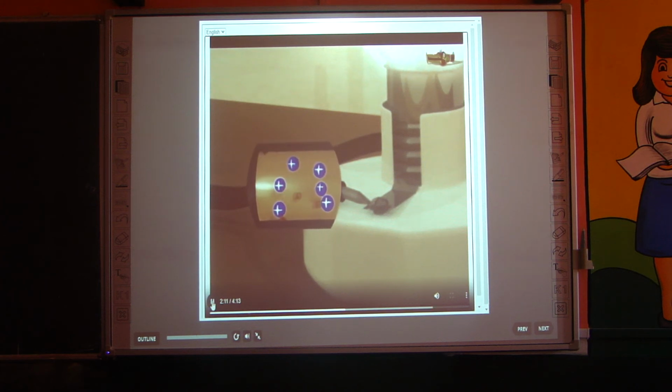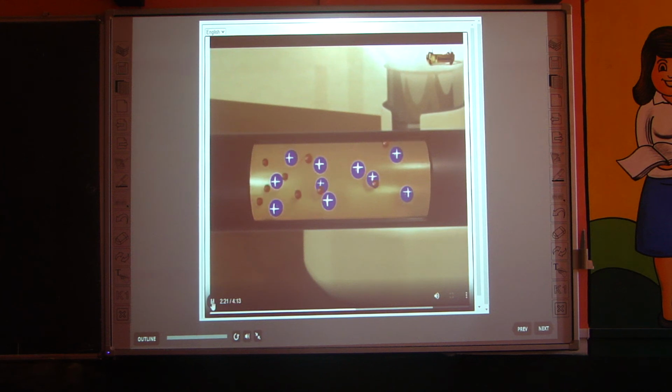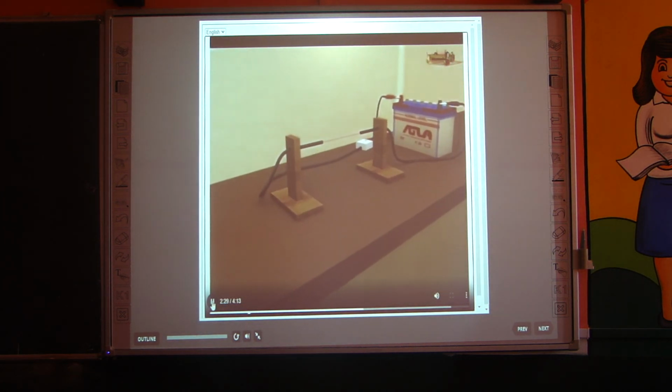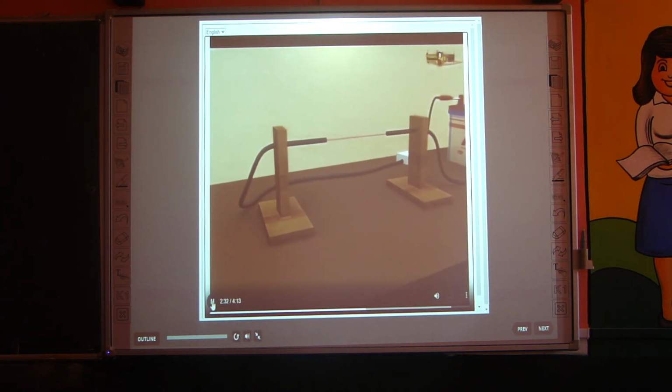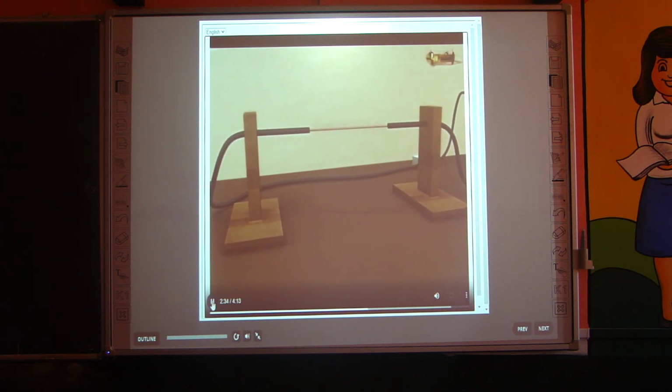This generation of heat is due to collision of electrons with the ions. The greater the number of electrons flowing per second, the greater the number of collisions. If the electric circuit is purely resistive, the energy continuously gets dissipated in the form of heat only.